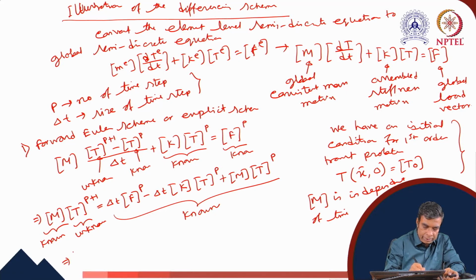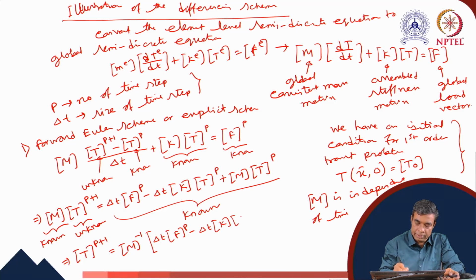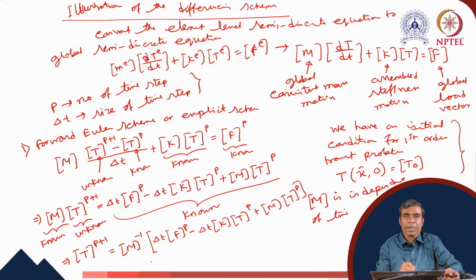So this gives us T at p plus 1th level equals to inverse of mass matrix into delta T Fp minus delta T into stiffness matrix into temperature at known level plus the mass matrix as well as the known temperatures product. But our mass matrix is not a diagonal matrix.